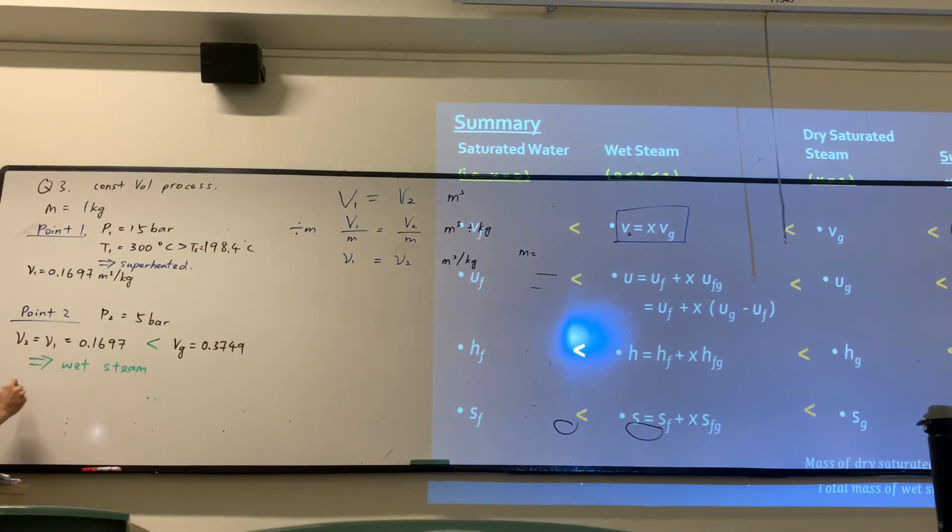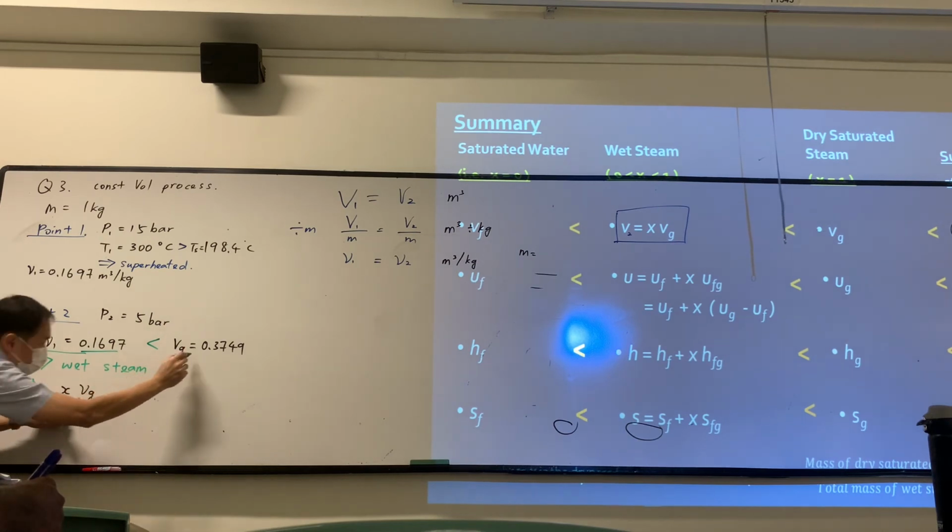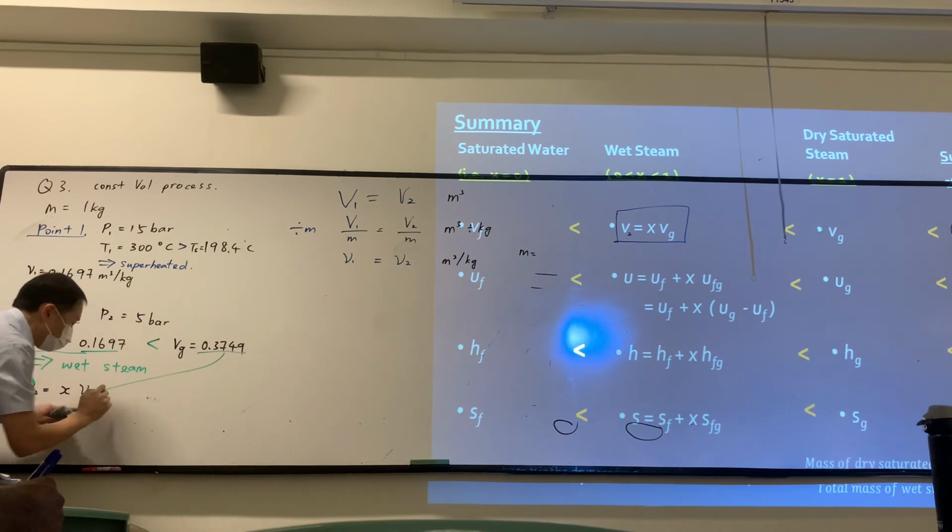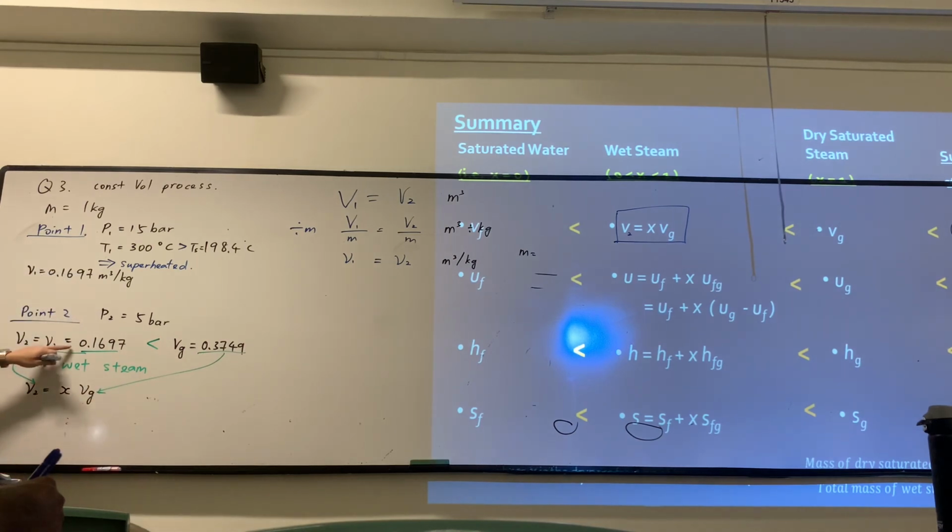So V2 equals X times VG. This X is the dryness fraction. This V2 is this value here, and this VG is this VG value here. You have V2 and VG; the only unknown is X, so you can find it out.